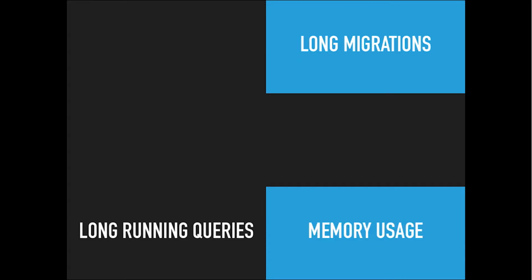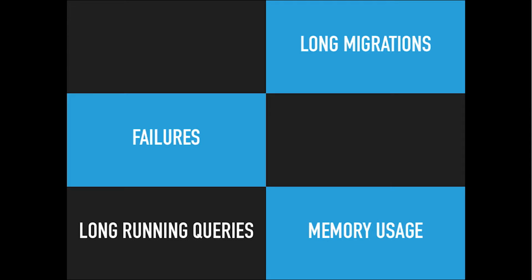Long-running queries. Memory usage, very important to keep track of during migrations, especially when you start doing background migrations on a NoSQL table and you're not careful about your memory usage. That's something that you need to be very aware of. I'm not going to give you any specific implementation details here, but it's something that you need to be aware of with long-running migrations. And of course, a migration can fail. In a simple context, a migration can fail because you made an error in the SQL, of course.